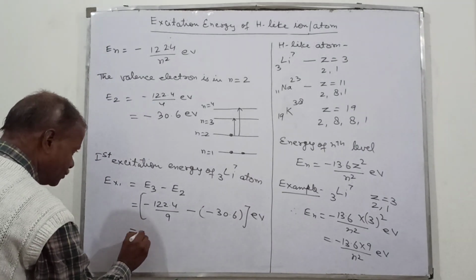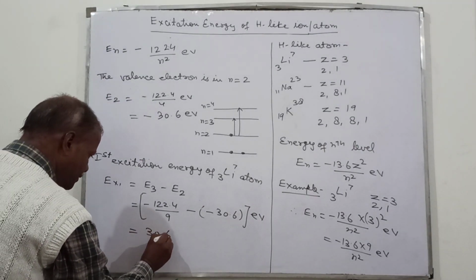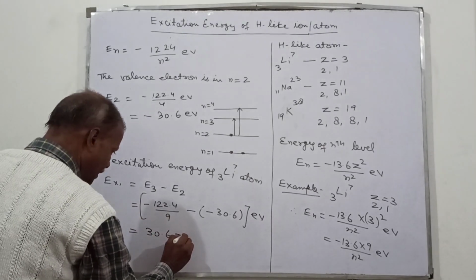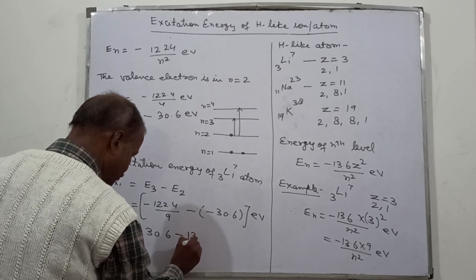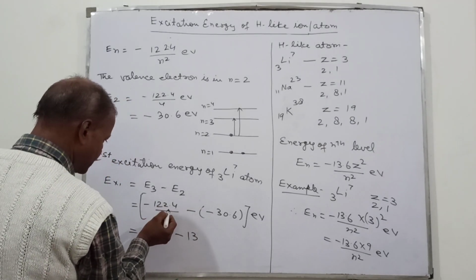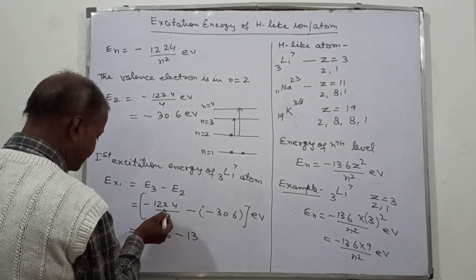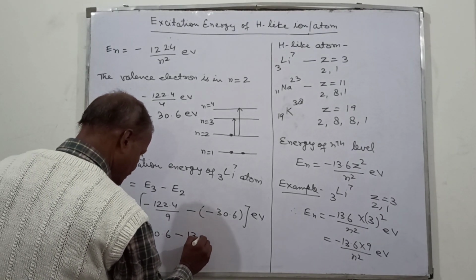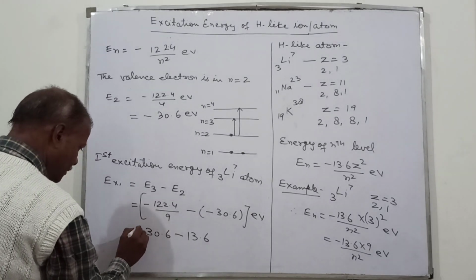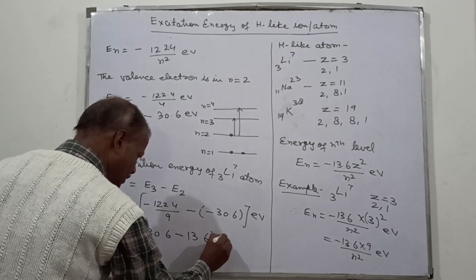So this is equal to 30.6 minus 9. Now this is so much electron volt.